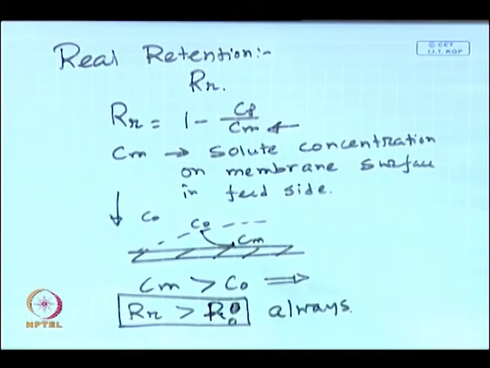Because observed retention is directly measurable, and you can say that my membrane is, let's say, rejecting 40% of the solute or 90% of the solutes. Then what is the use of real retention? The use of real retention is not in direct observation, it is used in the design of such processes. Why it will be used in the design of the processes and the significance of the real retention, we will discuss in the next class.